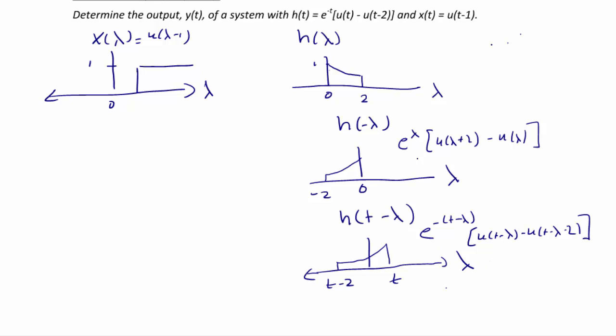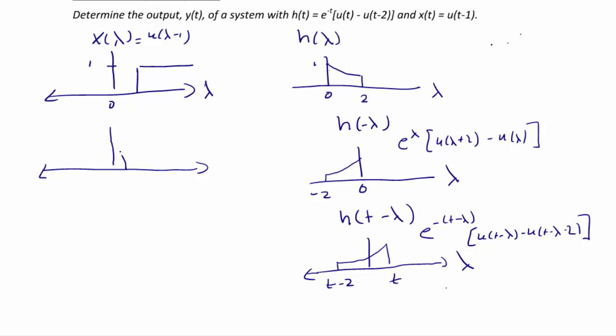So now that we know how to create the flip and the slide, let's look at the different regions where we have flipping and sliding over here. There are going to be 3. The first region occurs when there's no overlap between x of lambda and h of t minus lambda.